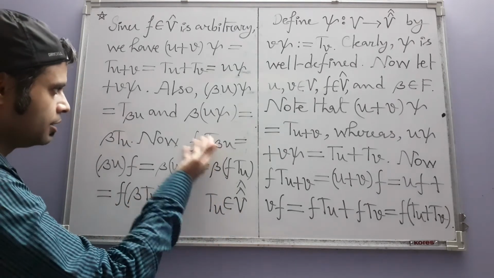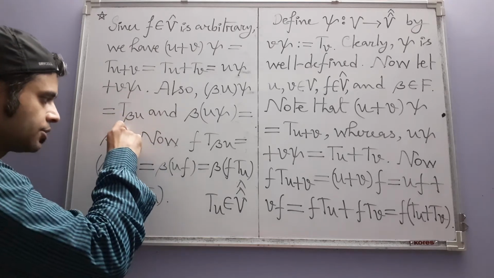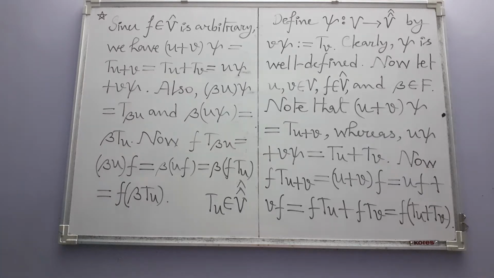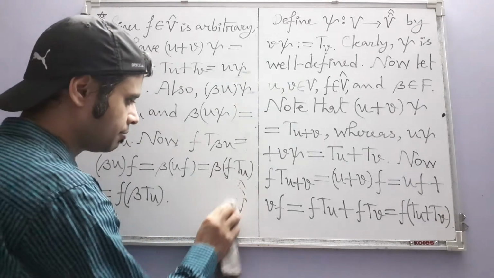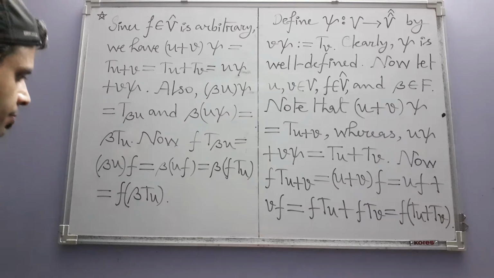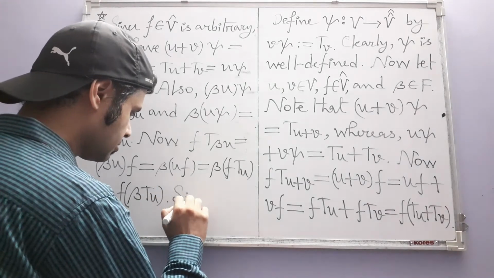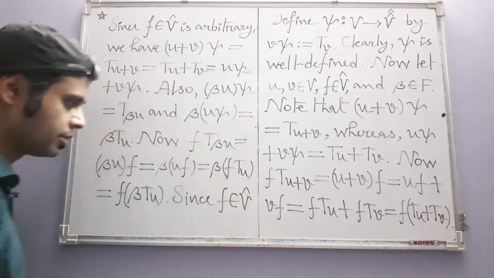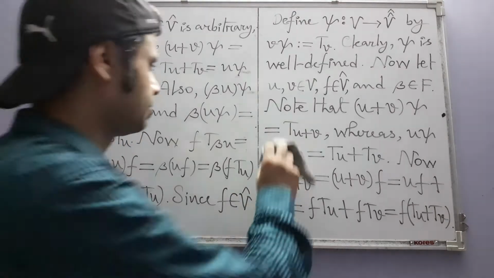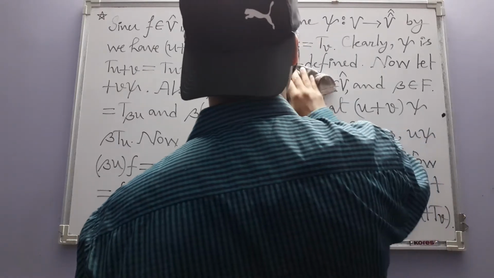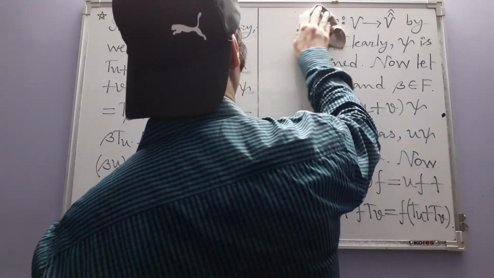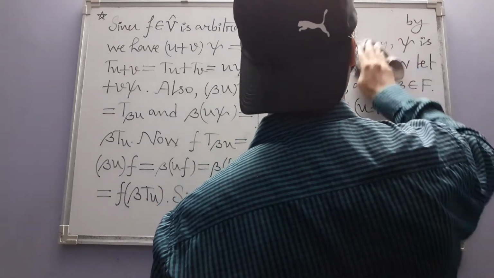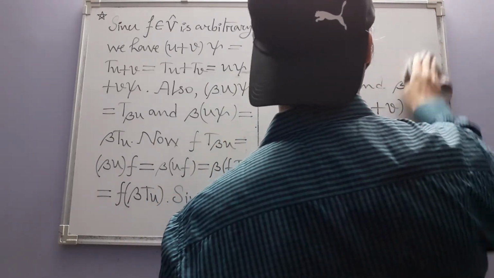But then again, these two functions, this one and this one, they have the same effect on the input f. So like before, they are going to be equal. Again, since f in the ordinary dual is arbitrary, the two functions are identical.